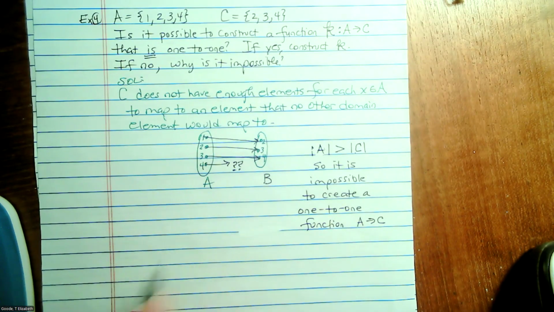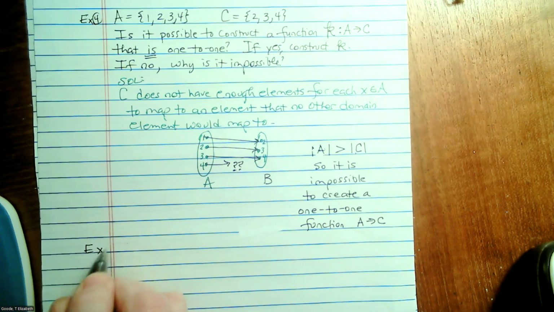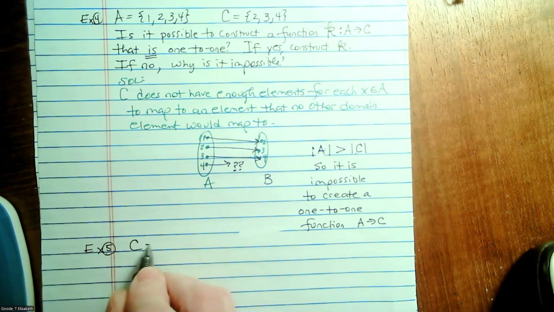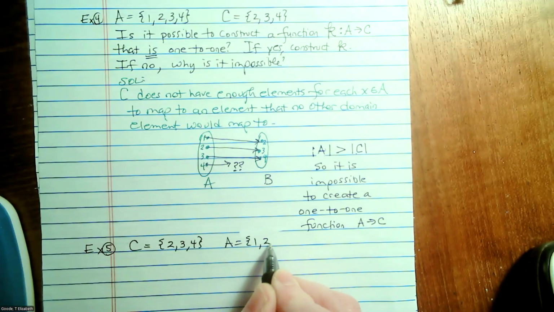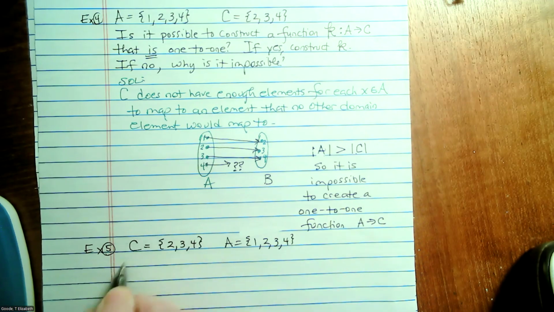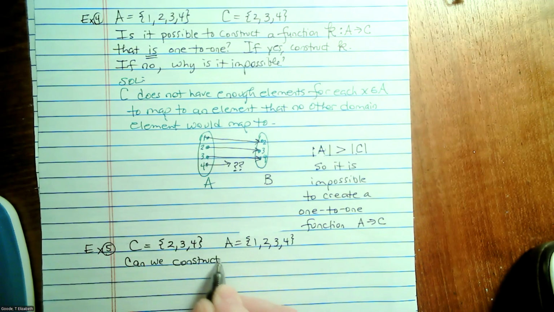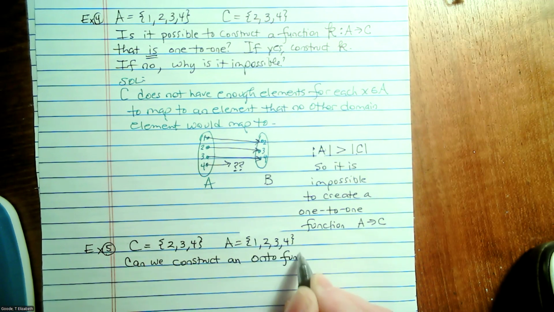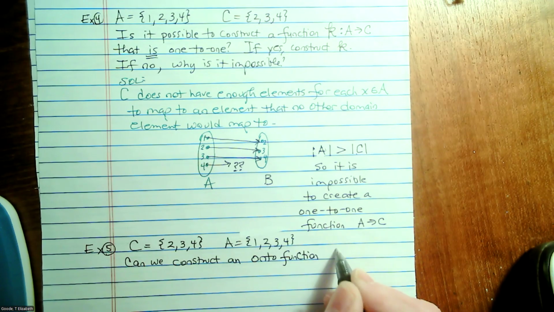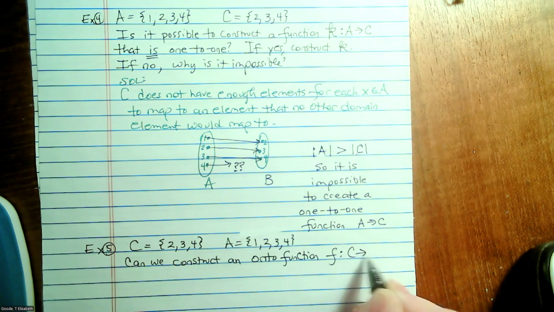All right, so using the same A and the same C, I'm going to put C first. C has 2, 3, and 4 in it, and A has 1, 2, 3, and 4 in it. Can we construct an onto function, f from C to A?